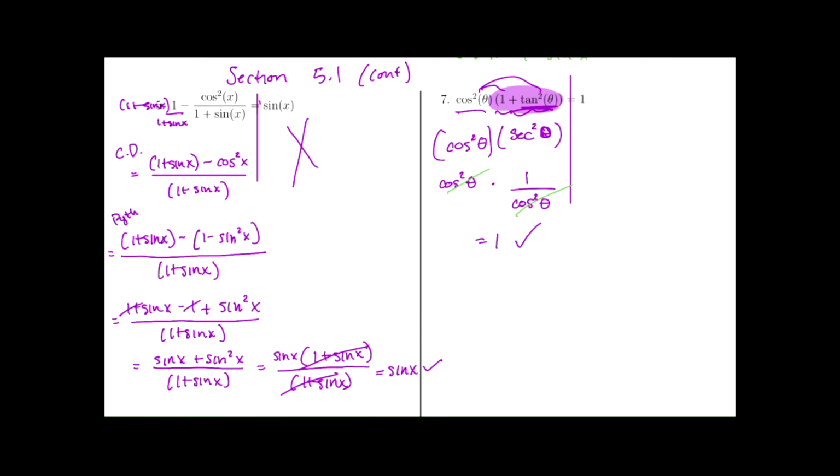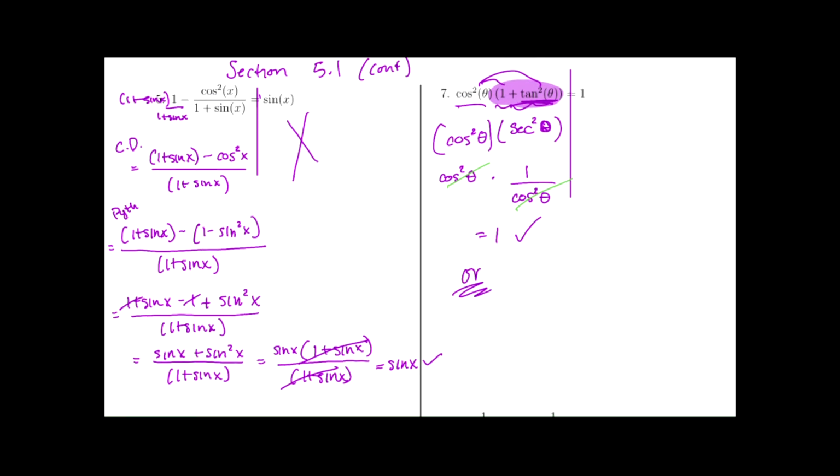Or suppose you didn't see that Pythagorean identity, so you have cosine squared theta times 1 plus tangent squared theta. This equals 1.